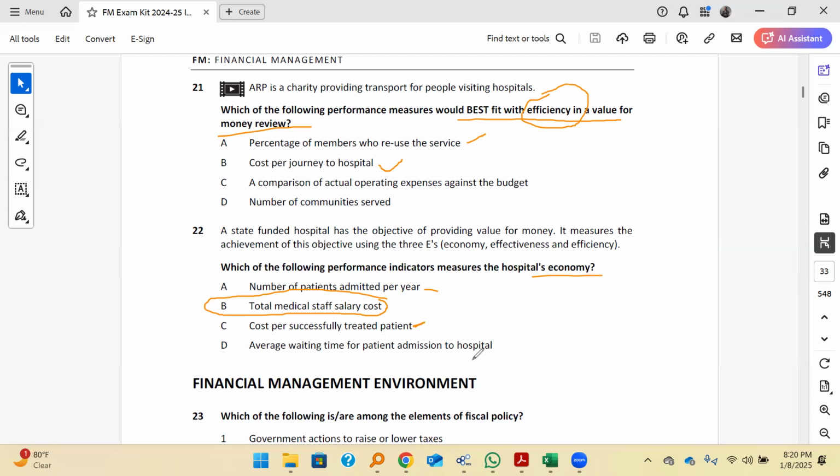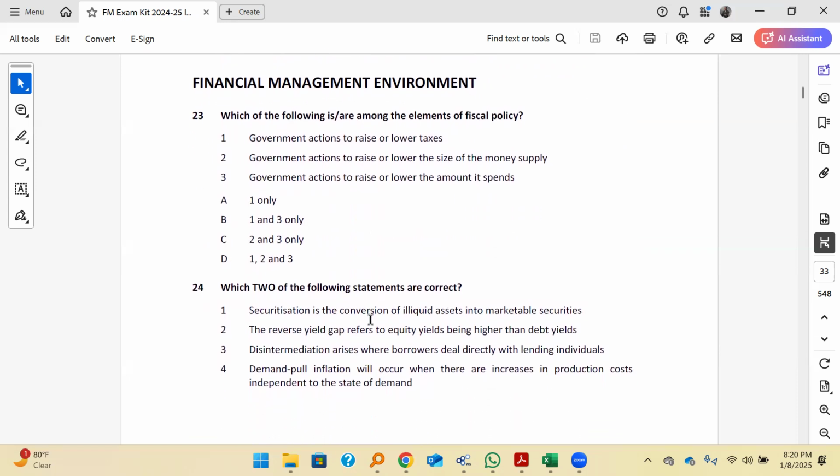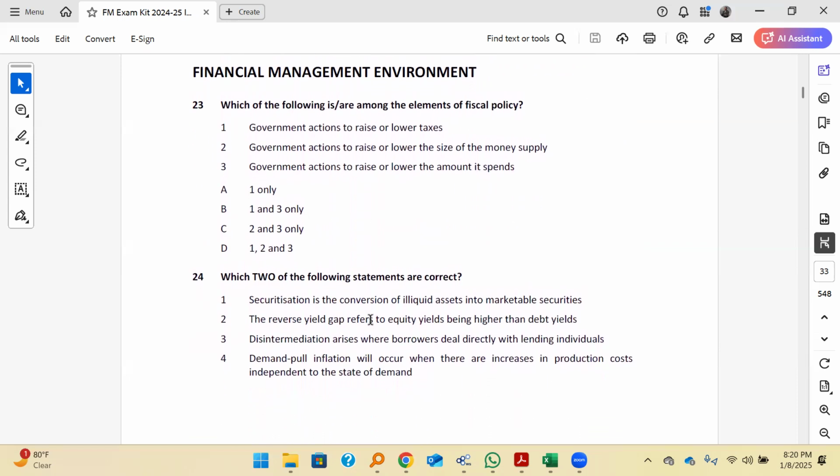Average waiting time for patient admission to hospital is also effectiveness. Okay, so those are the questions from section A regarding the financial management objectives, or the roles the financial manager does. Then we can now look at the environment in which they operate.